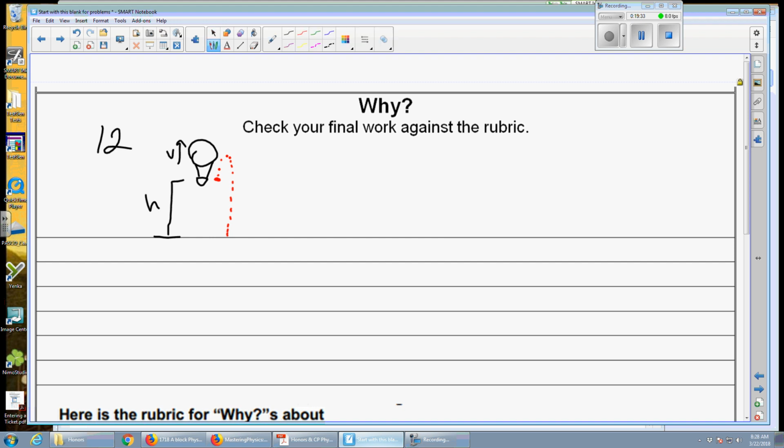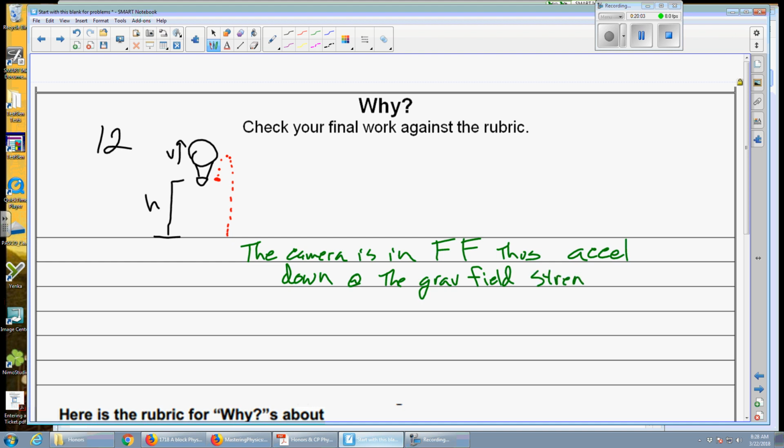So, also from my frame of reference, the camera is in free fall. Thus, it accelerates down at the gravitational field strength. Right?